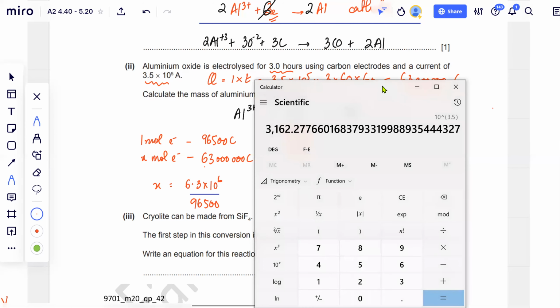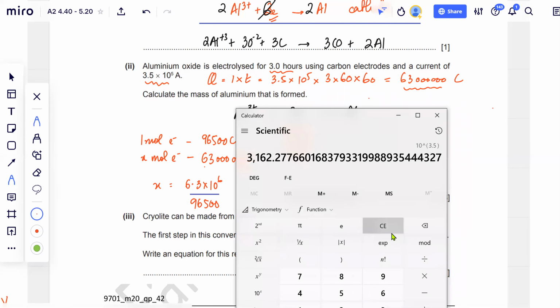Let's try and do this over here. 3.5 times 10 power 5, that's 3.5 into 10 power 5, multiplied by 3, multiplied by 60, multiplied by another 60. Right. So we all get this, right?